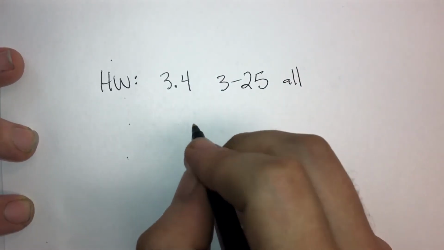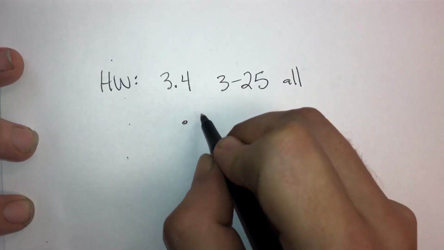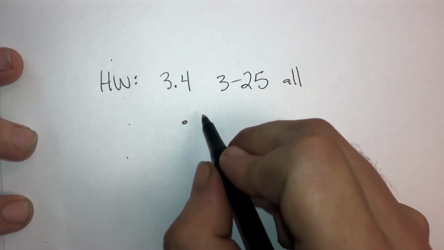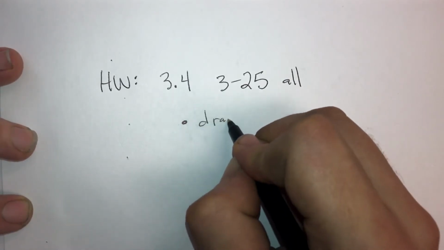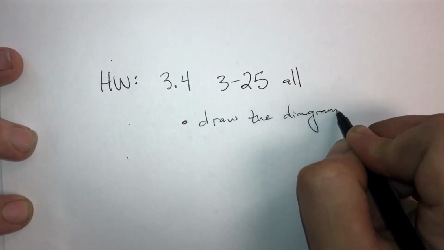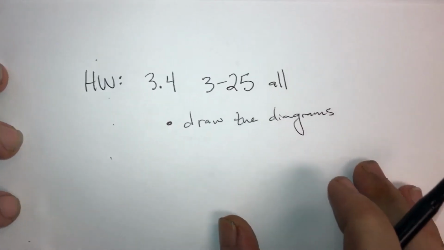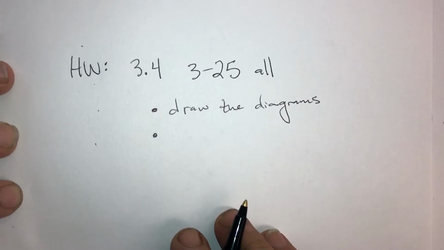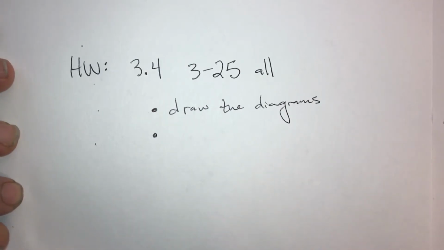Remember, please do me a couple favors, a couple solids. First solid is draw the darn diagrams. When you draw the diagrams, please use a straight edge. Some of you draw very nice straight lines, others, not so much. So use a straight edge. Second thing I want you to do when you do this homework is justify your statements.